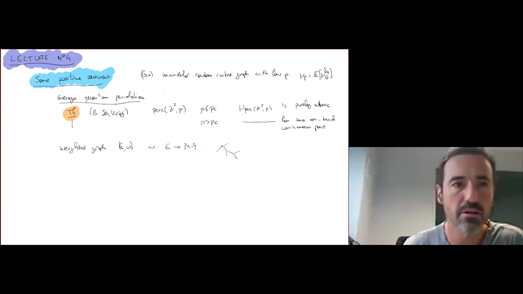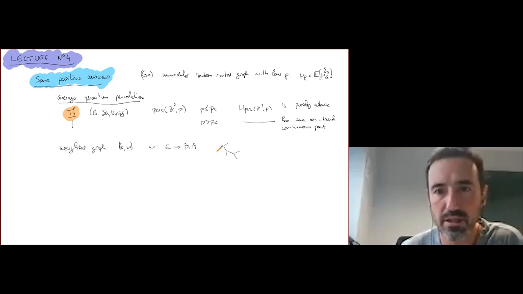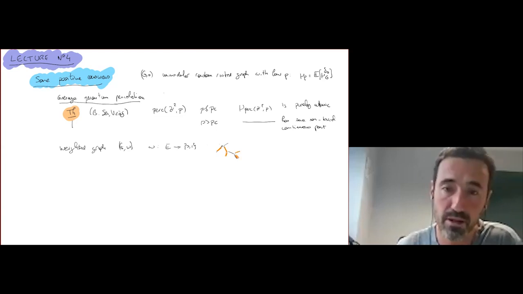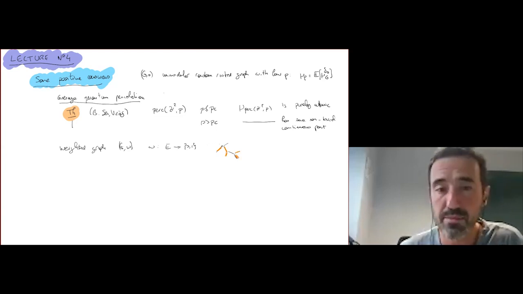If this is my graph, if the weights are just taking value 0 or 1, and I put in orange the edges where the weight is 1, what you get is simply a subset of the edges.